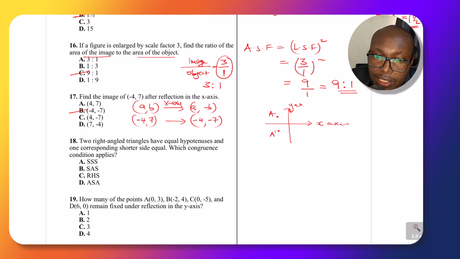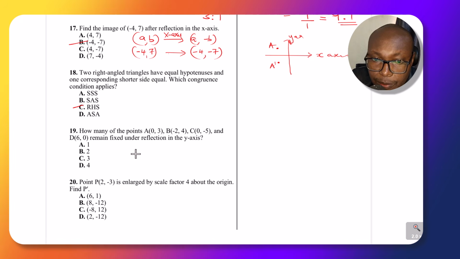When you look at solution A, those are the three sides, so we don't have any right angle here. For B, again, we have the two sides given and included angle. But for C, that becomes the solution, since that is where we have the right angle: RHS, R for right angle, H for the hypotenuse, and S for the side. The other one, again, we don't have the right angle. So that question was very straightforward and easy.